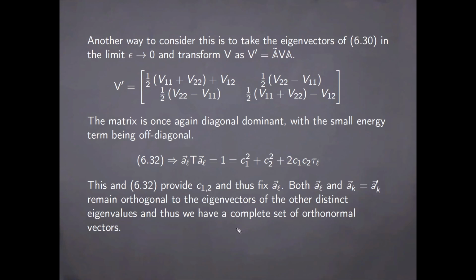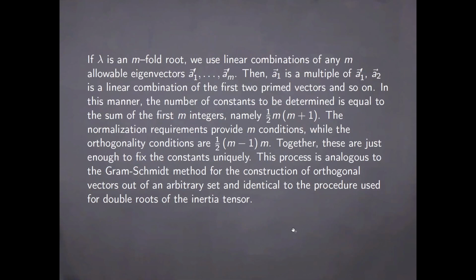So this was an illustration for the case of a twofold degeneracy. In the general situation of an m-fold root, what we do is we use linear combinations of any m allowable eigenvectors labeled by primed quantities, and then we can take the first eigenvector as a multiple of the first primed quantity, then we take the second one as a linear combination of the first two primed vectors, and so on. And in this manner, the number of constants to be determined is equal to the sum of the first m integers, namely this number.